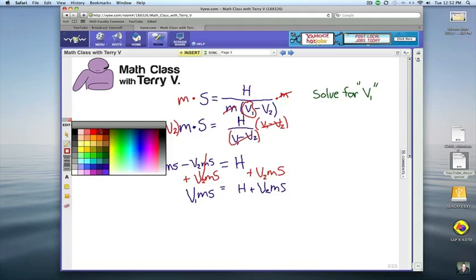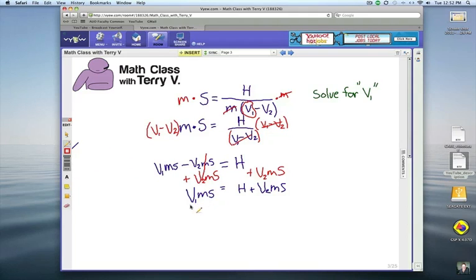If we're going to isolate V1, we finish by dividing by MS, M times S, and we have to do the same on the other side.